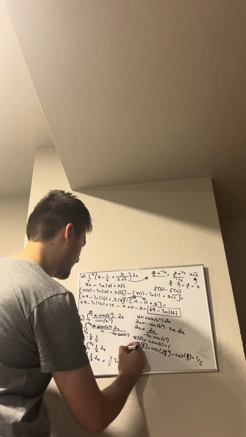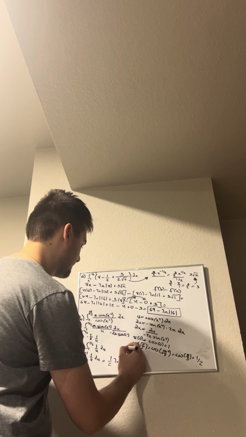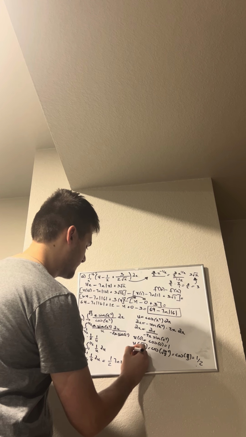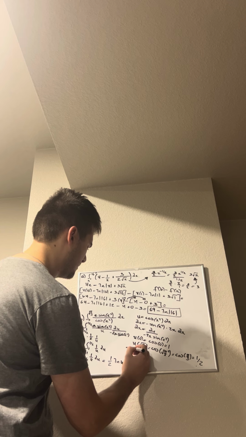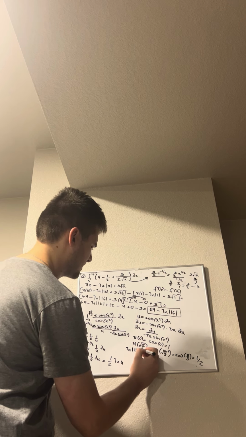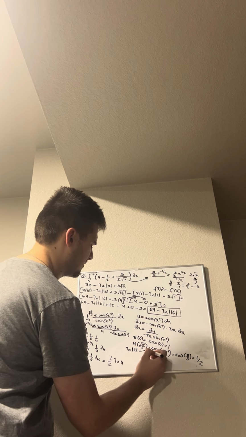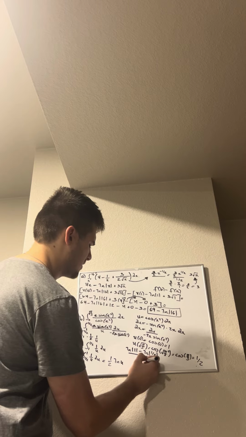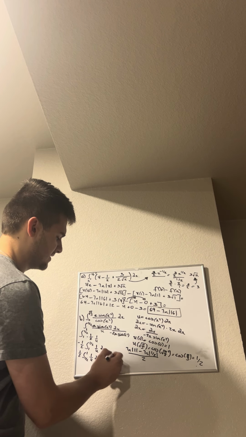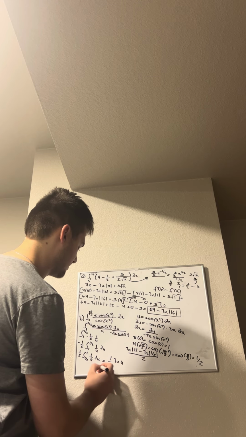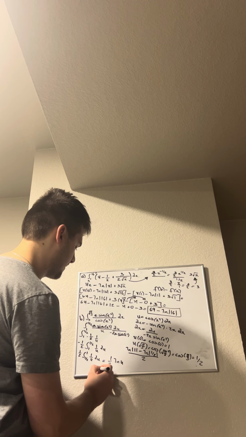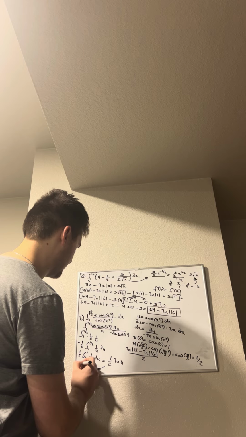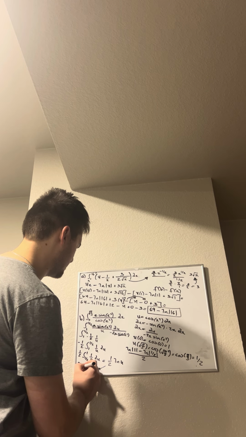So in this case, we have ln of 1 minus ln of 1/2 over 2, because you can just multiply these two together, which will just result in ln of u over 2.